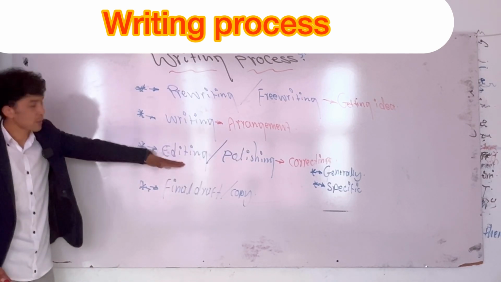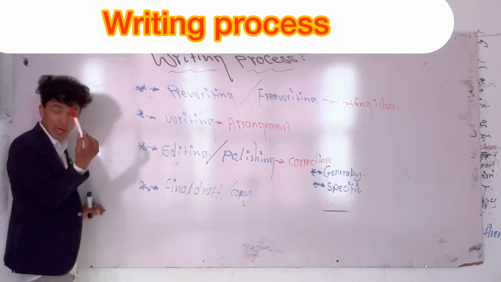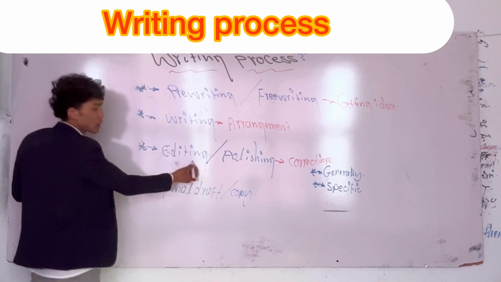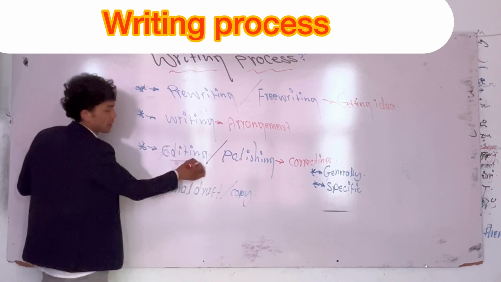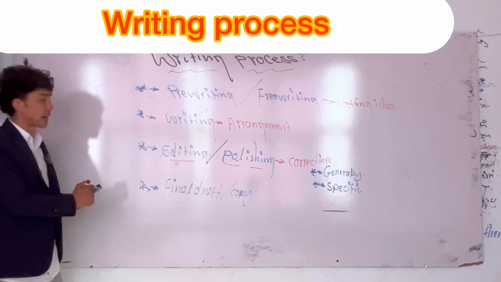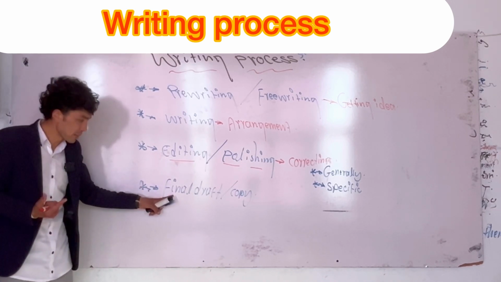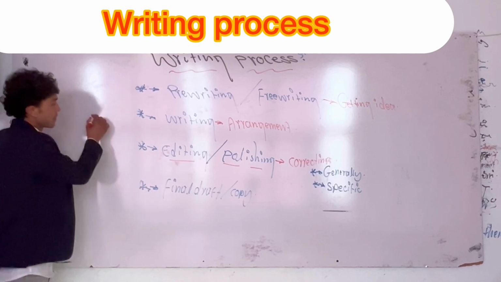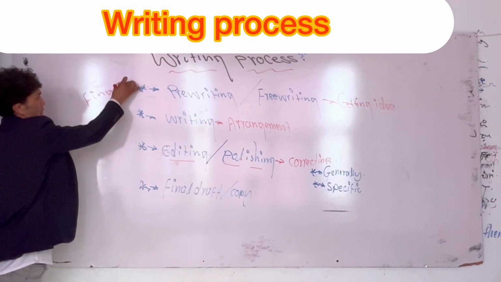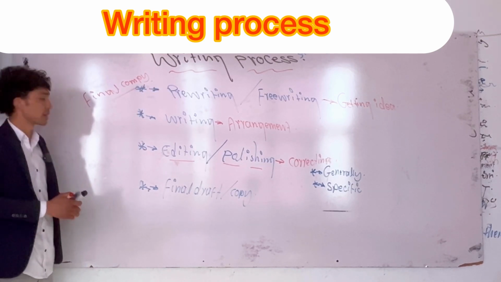In this step, you have your red pen with you. Wherever you think you made a mistake, you underline it or draw a circle around it and correct it. So finally, you pick out the final paper and write final copy on the top of the paper and start writing.